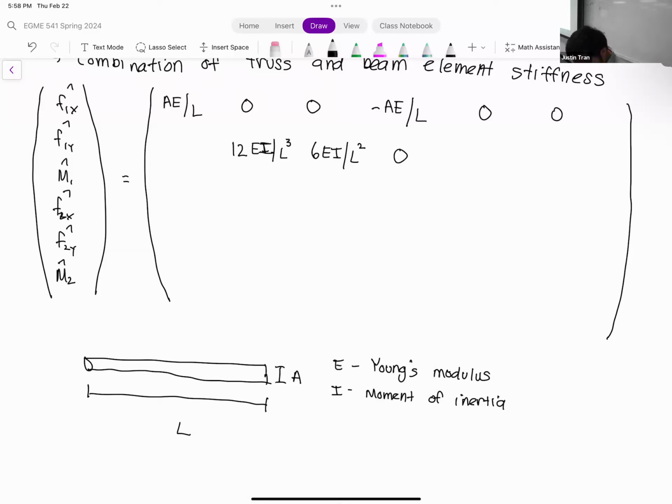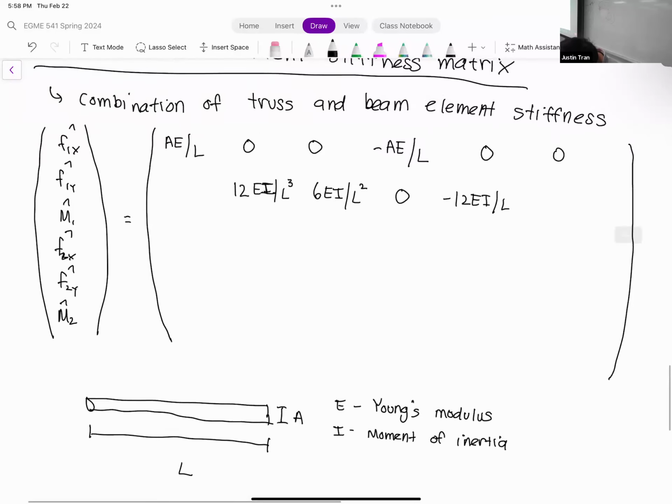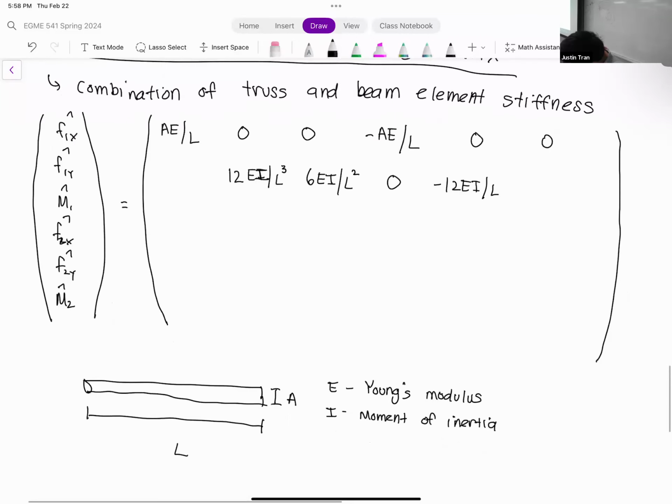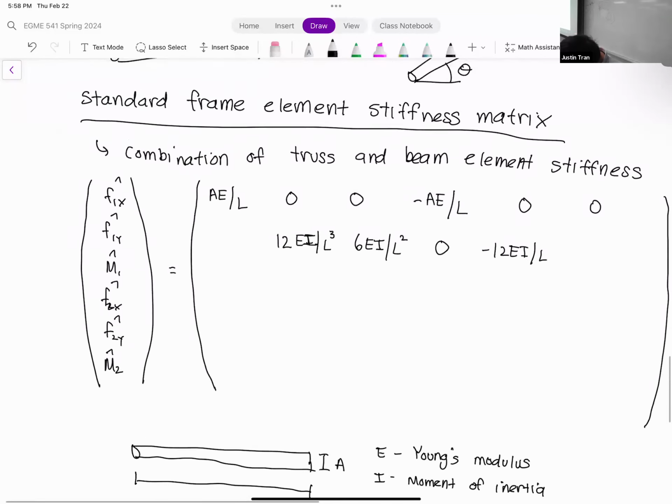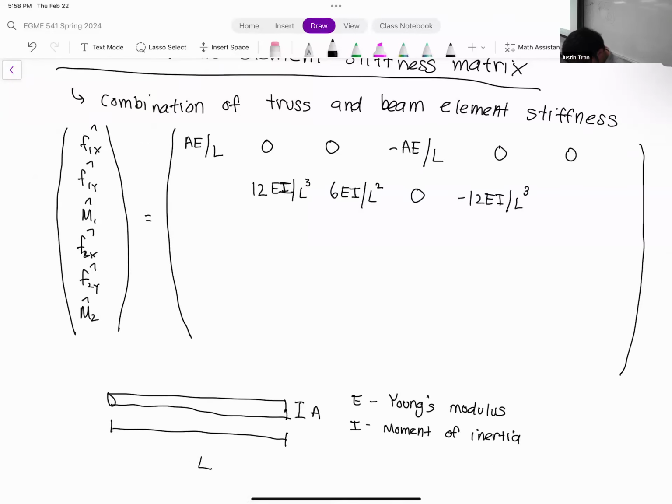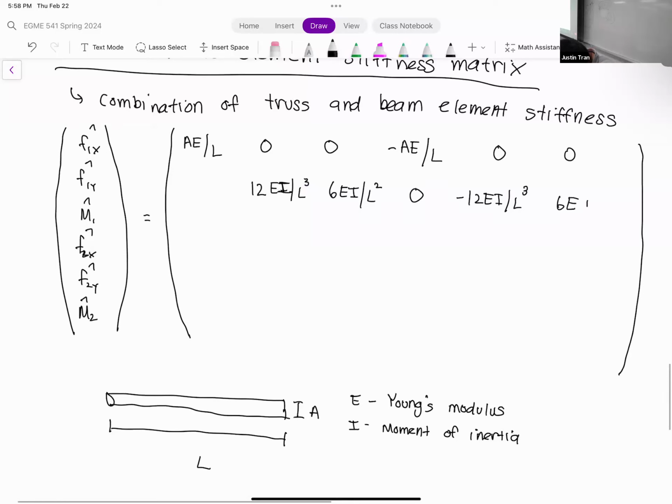Then we have 0. Zeros are nice. Then we have minus 12 EI over L cubed. Okay. And then a 6 EI over L squared. All right, third row.